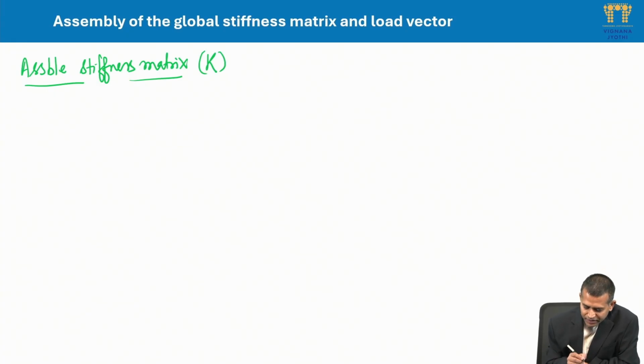So if I write this, the global stiffness matrix K is the summation of element 1 and elements 2 and 3. But you have to understand how we add them. It is not just K1, K2, K3 added directly. So we'll see here how we can write this assembled stiffness matrix, or global stiffness matrix.